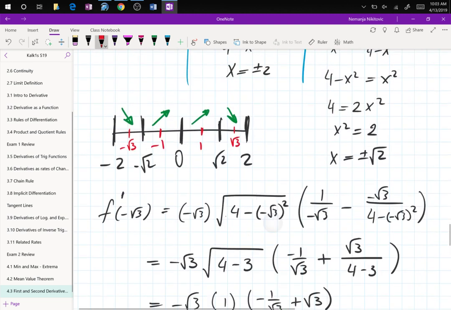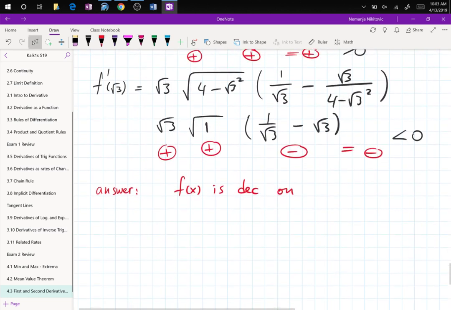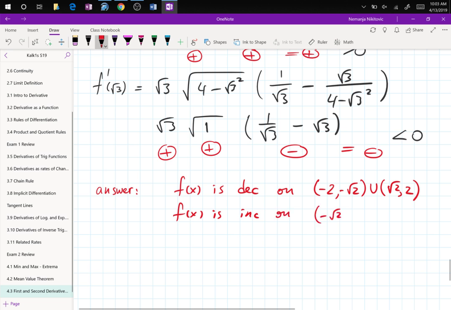We have -2 to negative √2, union √2 to 2. f of x is increasing on negative √2 to 0, union 0 to √2. And that's the answer that you box.